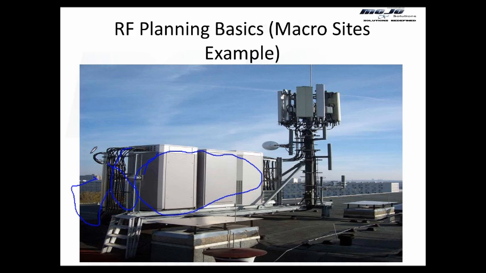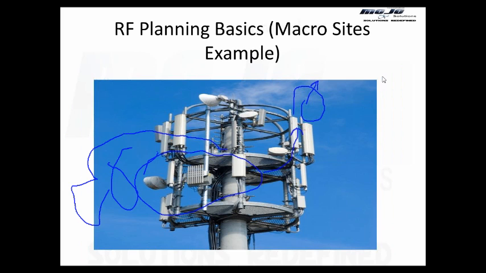These feeder cables run on the cable tray somewhere. I don't know how, it's not so obvious in this diagram, and they go into these antennas. So these are our antennas. These antennas are a lot different. These are called dual pole antennas or quad pole antennas, but these are pole antennas. What are pole antennas? We will cover that in the next session.